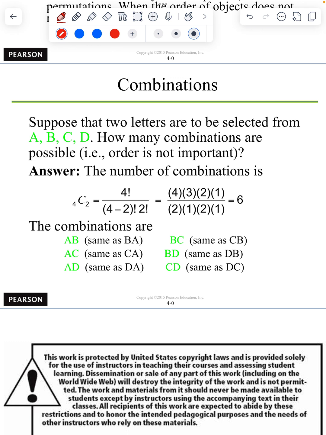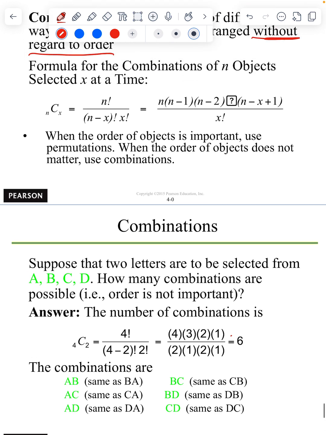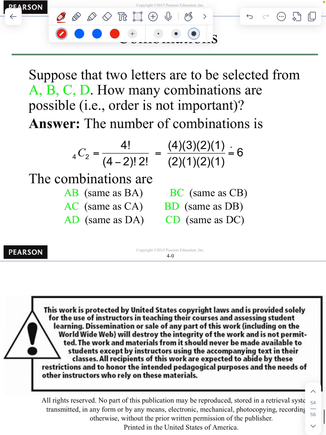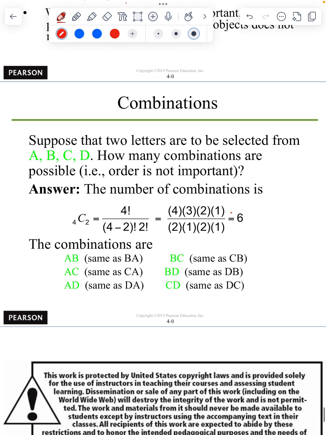So here you've got 4 times 3 times 2 times 1, just like above. And then you've got n minus x times x. So you've got 4 minus 2 times 2. So if you look at this, you've got 24 over 2 times 2, which is 4, which equates to 6.